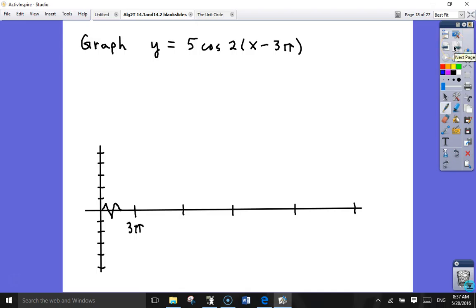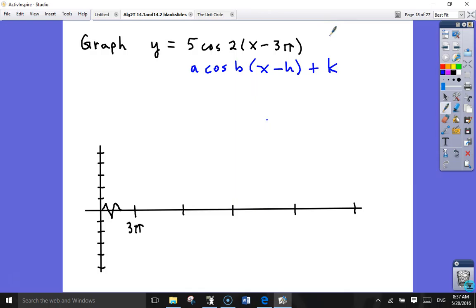Okay, now here's a horizontal shift. Now, remember the formula looks something like this. A times the cosine of b times x minus h plus k. So we don't have any vertical shift going on, but it's the way they've written this here.